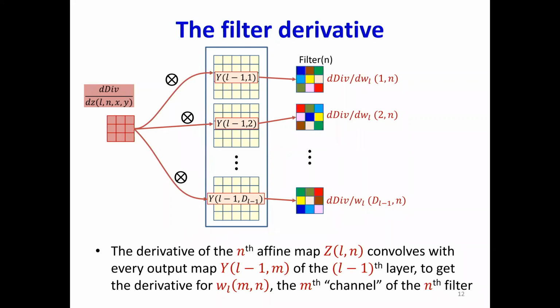And so what we found was, to compute the derivative, there's no transposition anymore over here. To compute the derivative for all of the elements of the filter, all you had to do was convolve the input channel directly with the map of affine derivatives. And then once again, you can verify that the size is going to be right. How so? Going back here, if we were convolving this with this guy, correct?